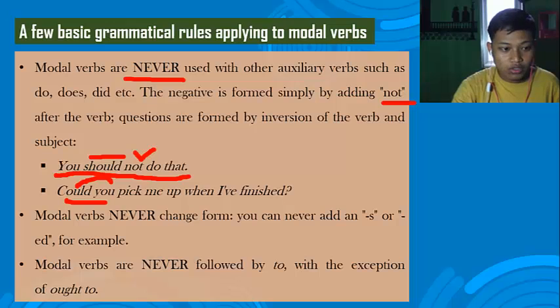And the next rule is modal verbs are never followed by to, with the exception of ought to. For example, I will go tomorrow. So we may not say I will to go tomorrow. That is wrong.